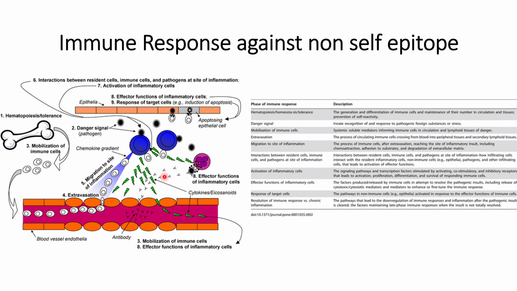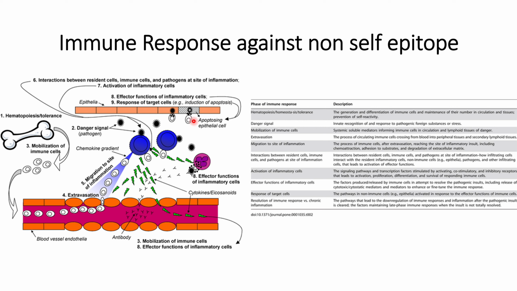Simultaneously, because now the immune system has the information about this non-self epitope, a more specific immune response will be generated in terms of the antibodies that will work against those pathogens. So these antibodies will also start to act against those pathogens, that is the effector functions of inflammatory cells that can be seen here.